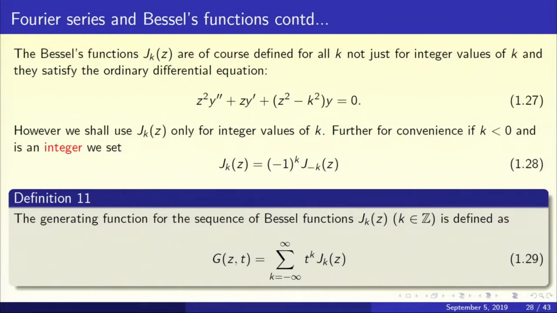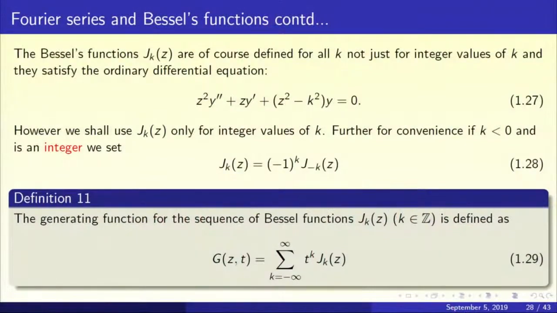So now we've got the sequence J_k(z) for all k ranging from minus infinity to plus infinity. Whenever you've got a sequence, it is of interest to construct the corresponding generating function. The generating function for the sequence J_k(z) is by definition the formal series G(z,t) equals the summation k from minus infinity to infinity of t to the power k J_k(z), equation 1.29 that you see on the slide.